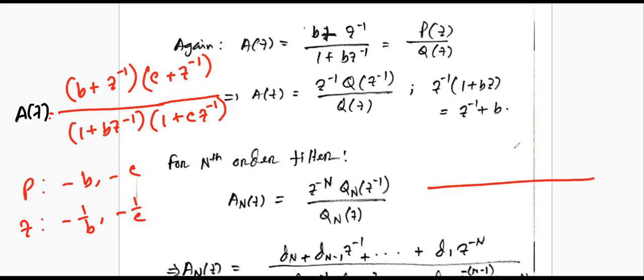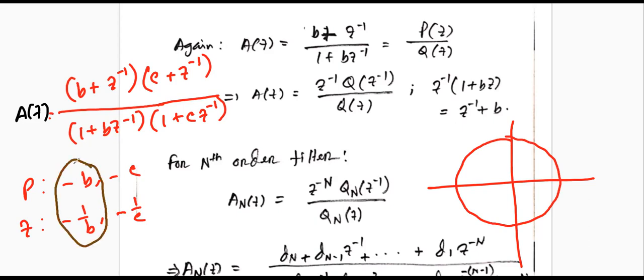So again, if I draw it here, all the poles and zeros are real. We are just choosing real poles. So if we consider this pair, I have already mentioned that this and these are a pair.